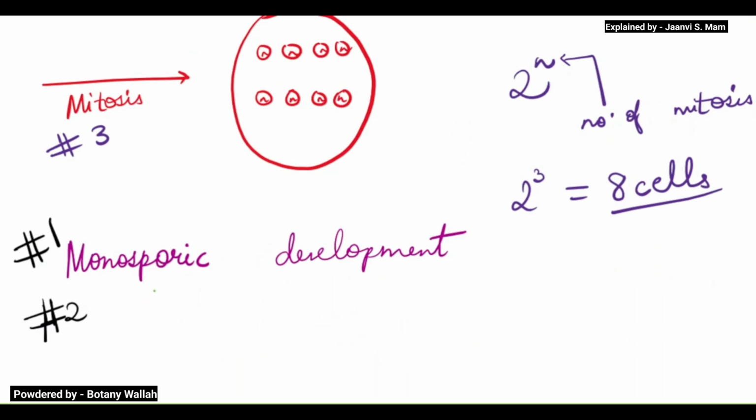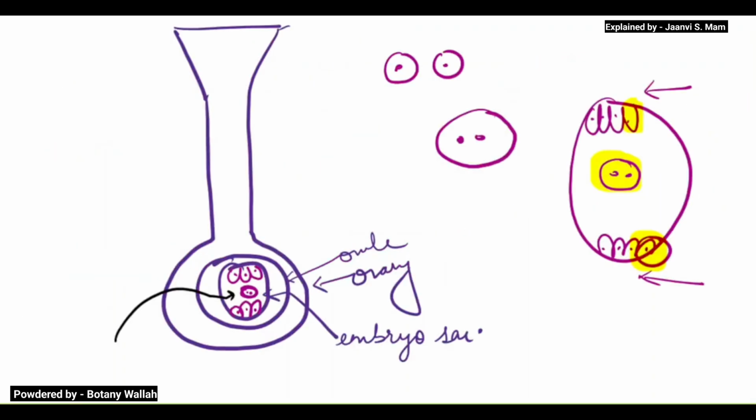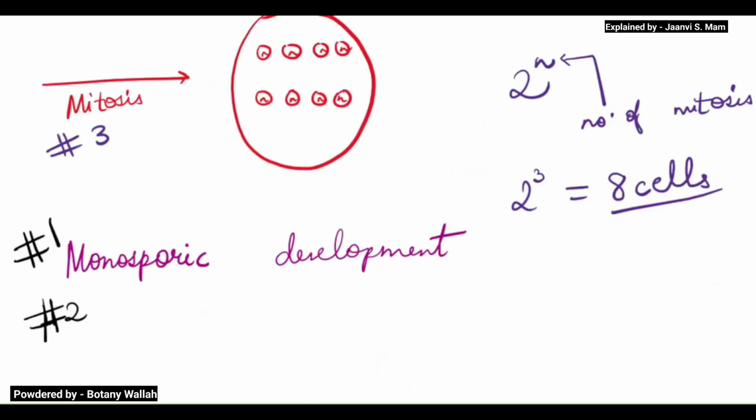So development is endosporous within the megaspore, and that megaspore is present inside the embryo sac. The embryo sac is present inside the ovule, and the ovule is present inside the ovary. So the development here is endosporous, inside the spore. Okay, these two words you should know.